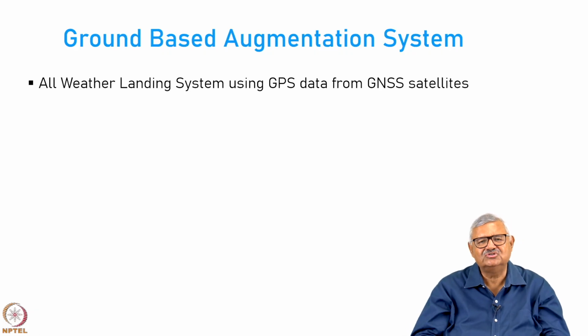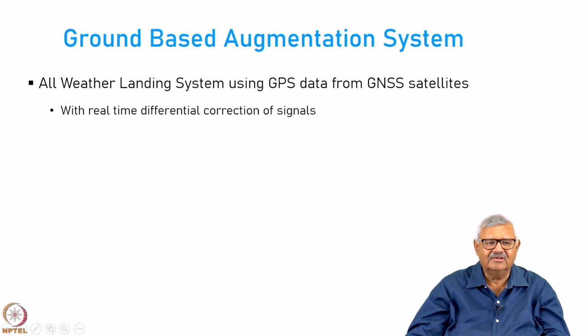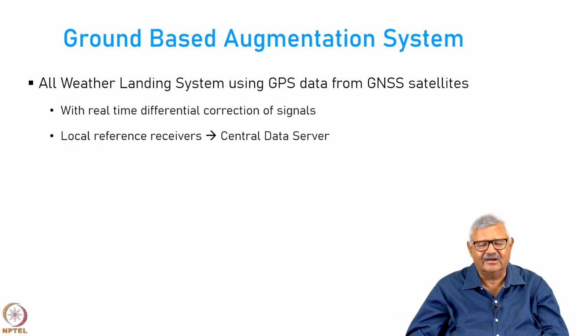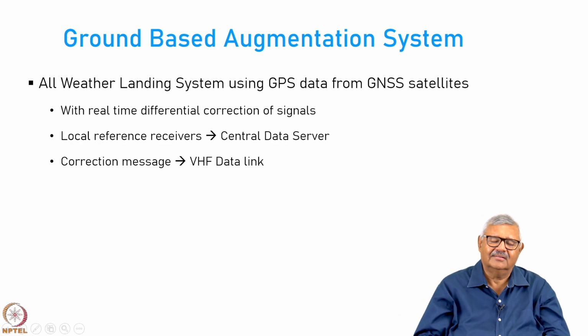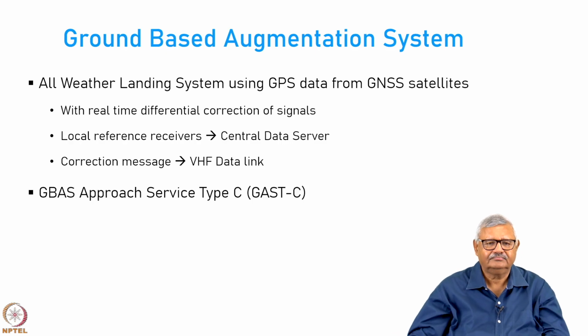With the advent of GPS and the GNSS satellites, we were able to use this all weather landing system called GBAS. This gives you information with real time differential correction of signals. So, there are local reference receivers which are connected to the central data server, and the correction message is sent via a VHF data link.